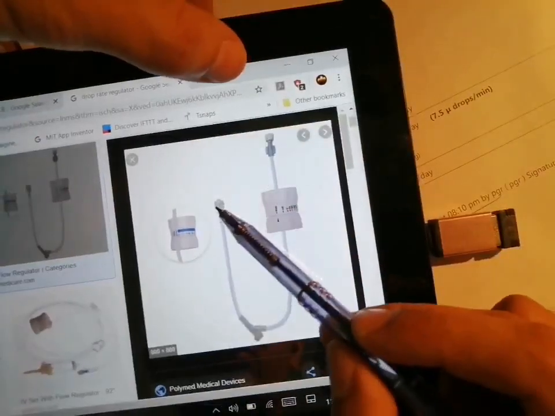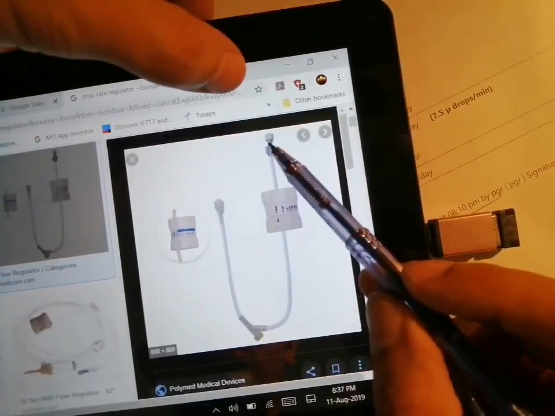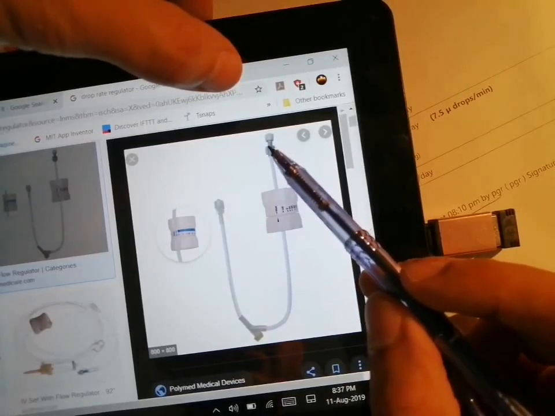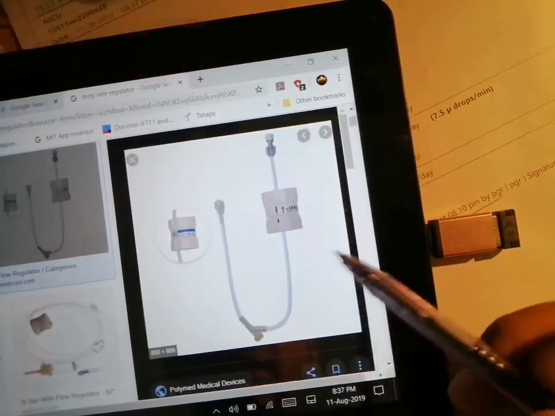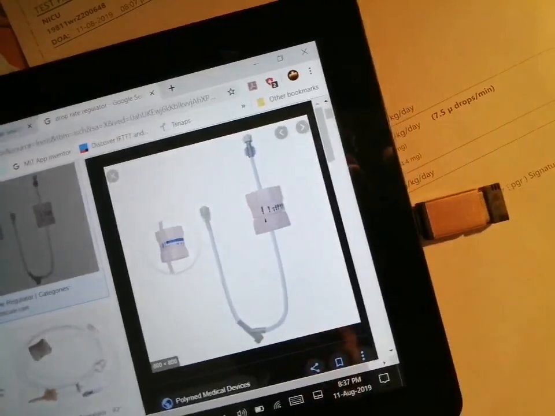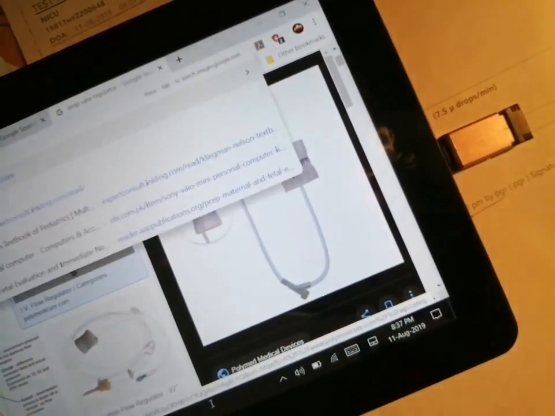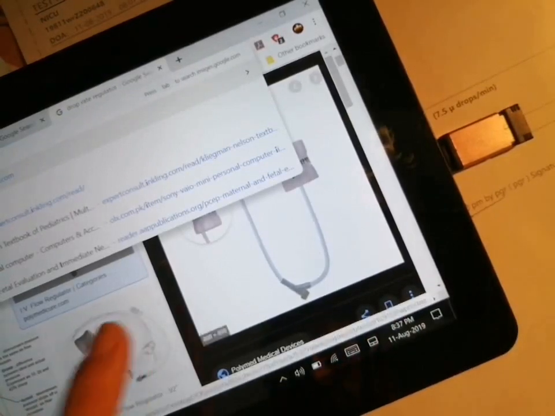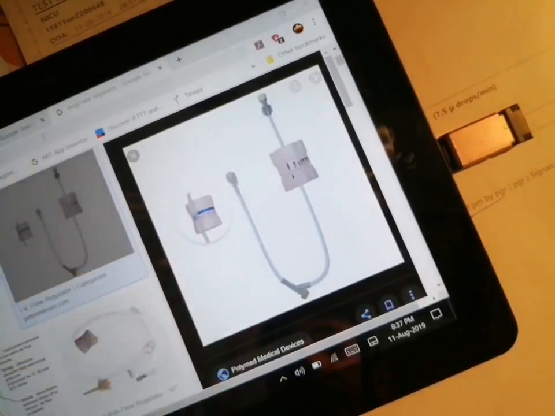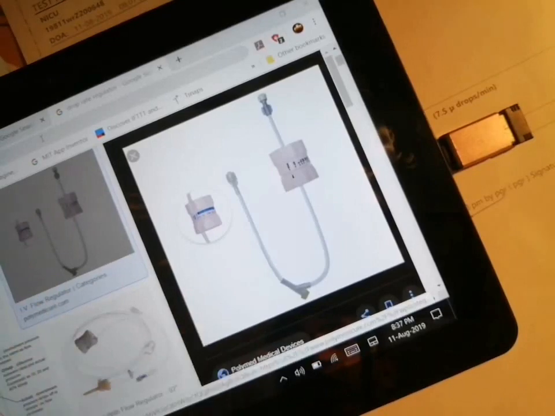One end attaches to the patient and the other to the fluid source, right? These droplet regulators are available in Pakistan, and available in Lahore very easily for around 200 rupees.